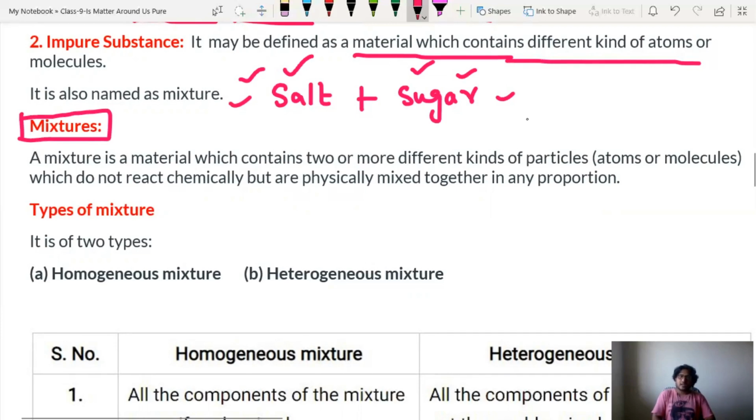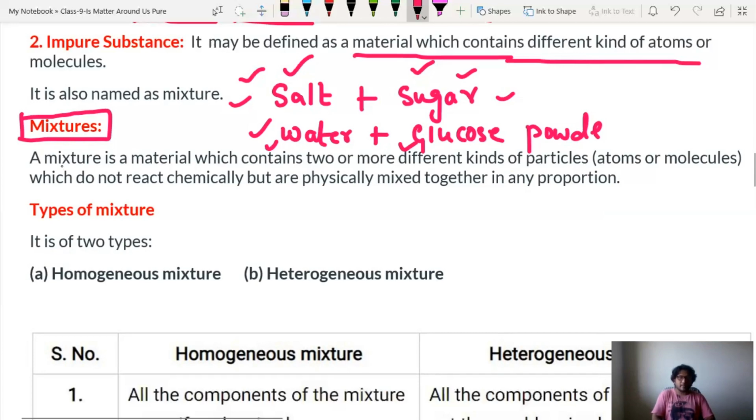And you take another example, water, and add glucose powder. Here water is different, glucose is different, its color different, chemical formula of water is different, chemical formula of glucose is different. But if you are mixing together, we can call it as mixture.